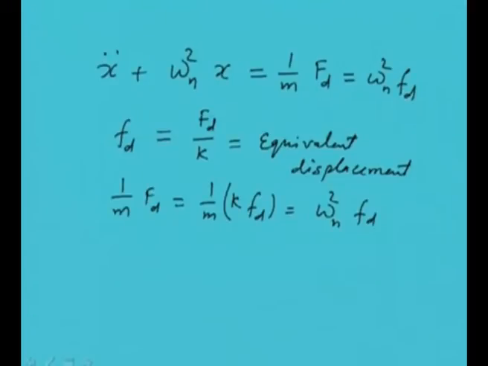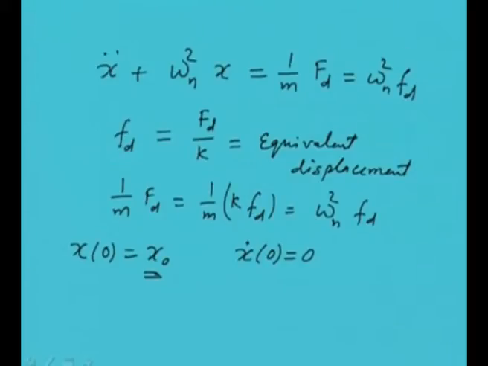Now we are applying the initial condition. When we just leave the mass after giving this much displacement, the velocity is initially 0, but once we leave the mass, the speed becomes negative.